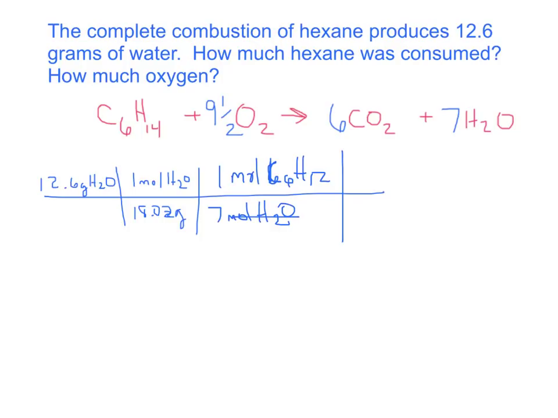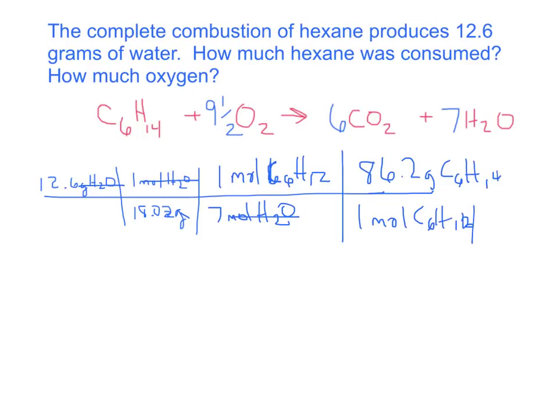So we've canceled moles of water, canceled grams. Now we just need the molar mass of hexane. A mole of C6H12 has a certain mass, and I bet Mr. Hunter has it worked out. 86.2 grams of C6H14.